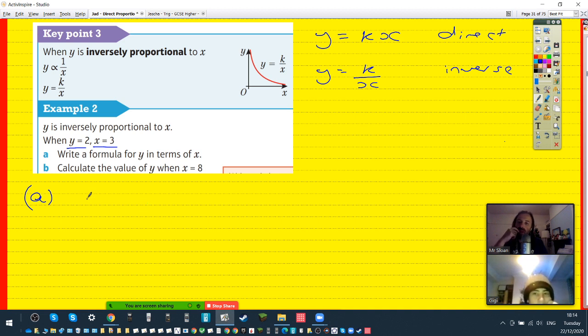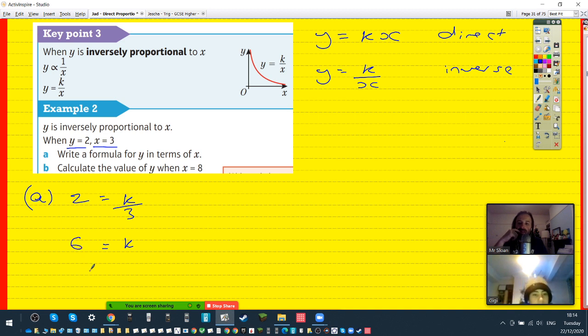Y equals 1.5 over x. Let's see. So 2 equals k over 3. And so what is k? 6.